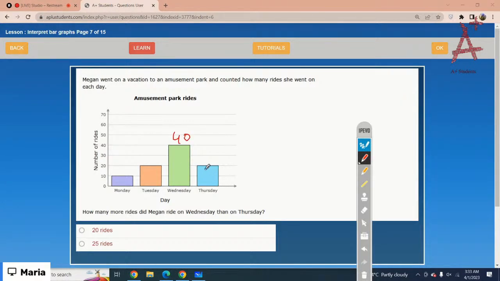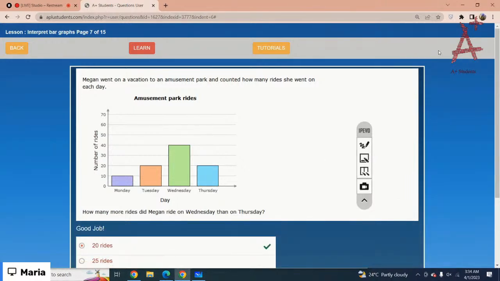And on Thursday it is 20. So it will be 40 minus 20 equals 20. Got it? So the correct option is 20. Just select the correct option, that would be 20, and then click on the OK button.